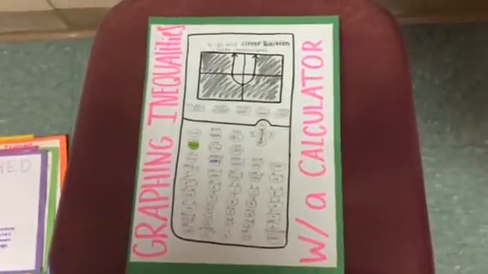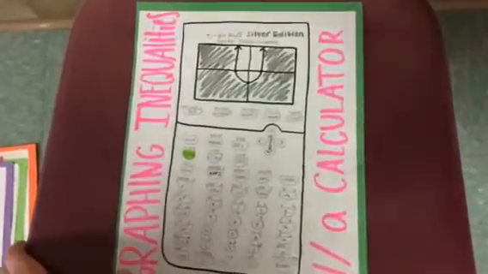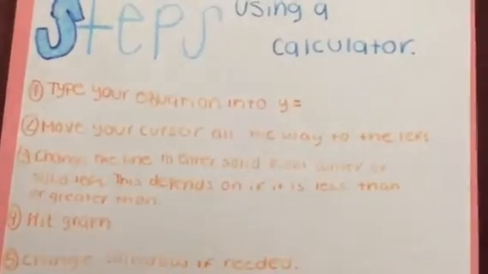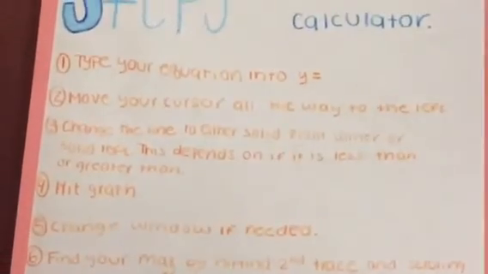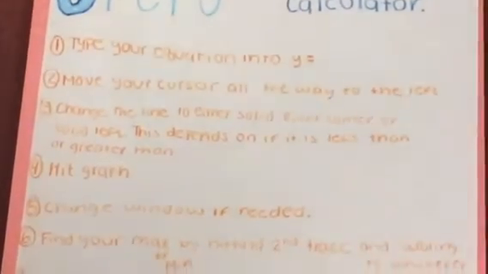Graphing inequalities with the calculator. Steps using a calculator. Step 1, type your equation into y equals. Step 2, move your cursor all the way to the left. Step 3, change the line to either solid right corner or solid left corner.